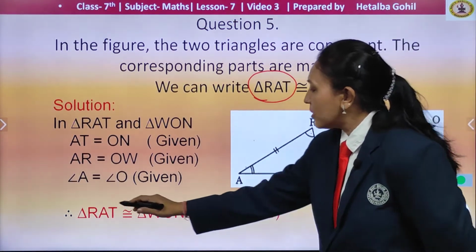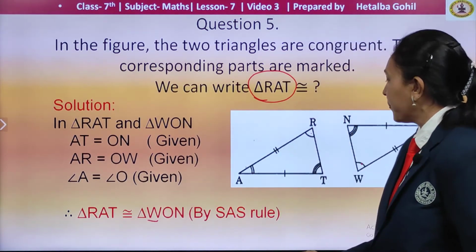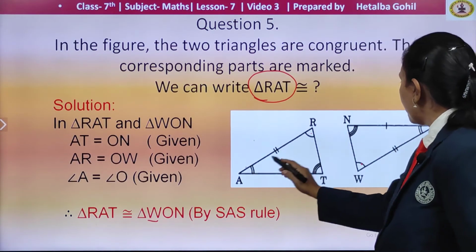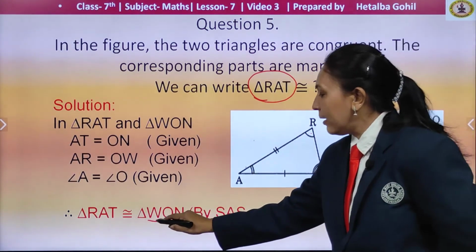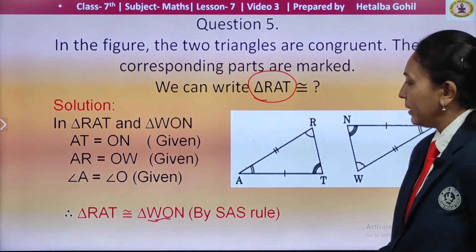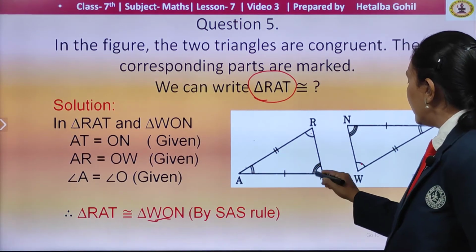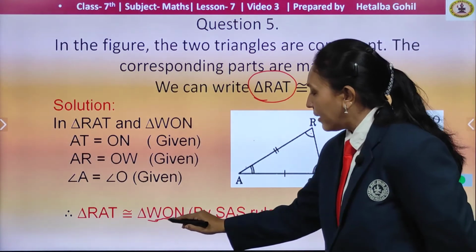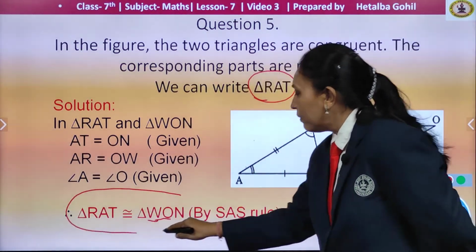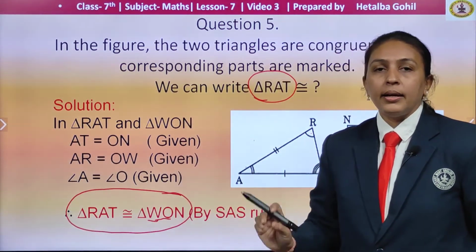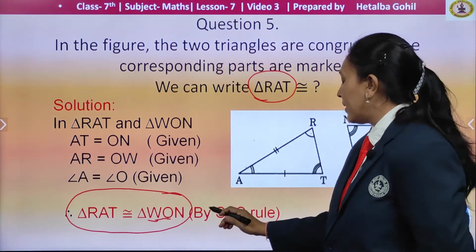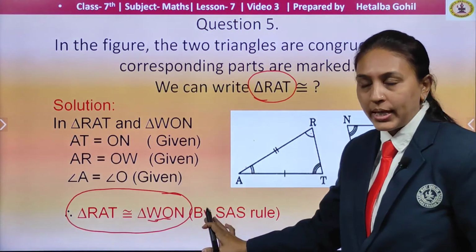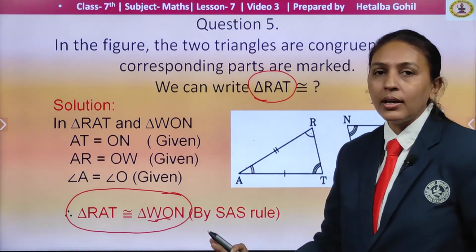W. So in place of R, first we have W. Then you match the next angle, that is A. A is matching to O. Then the second we have here is O. And the third T. There are the 3 marks over here, that is corresponding to N. That means RAT will be congruent to triangle WON, that is by SAS rule. Even if you go with the criteria, it is very easy. This is another simple way of giving your answer here.